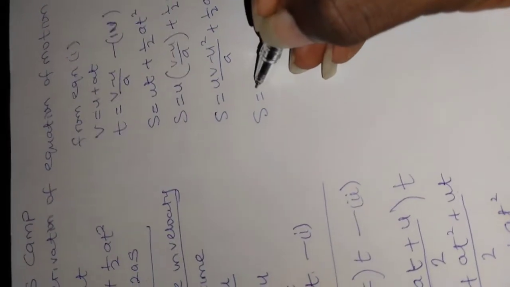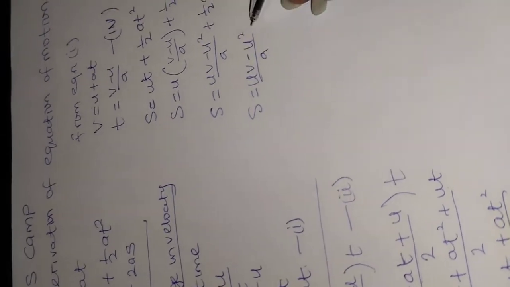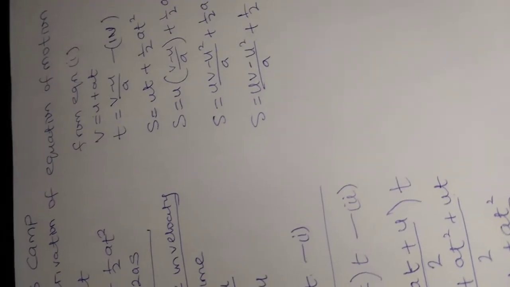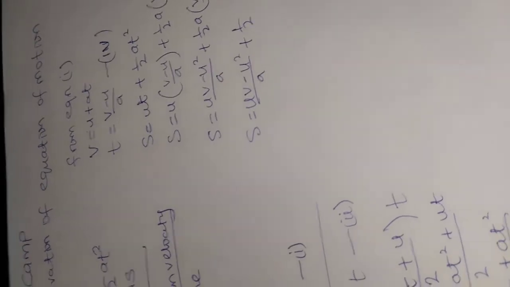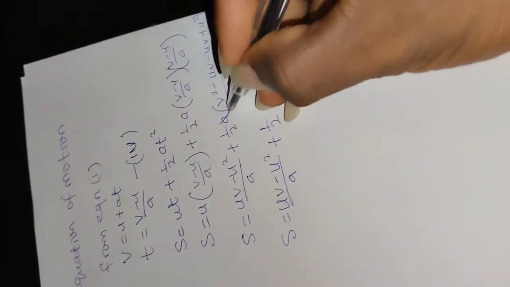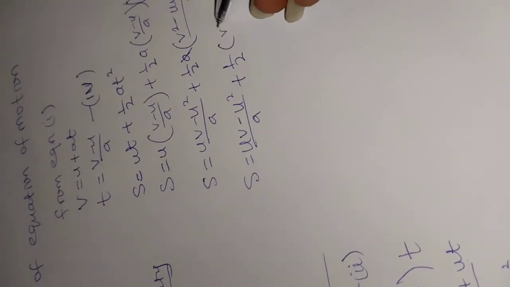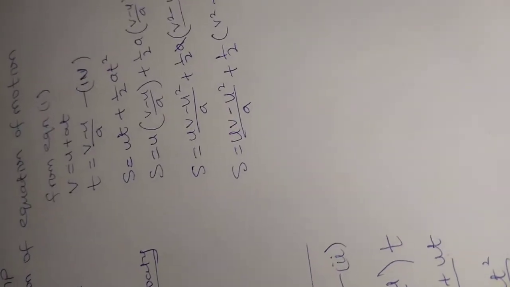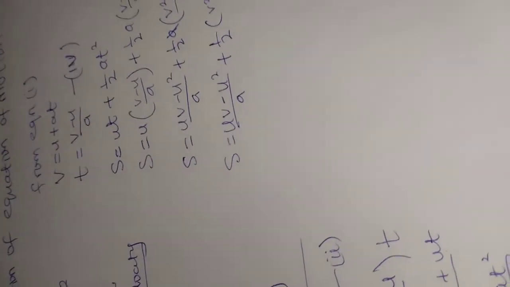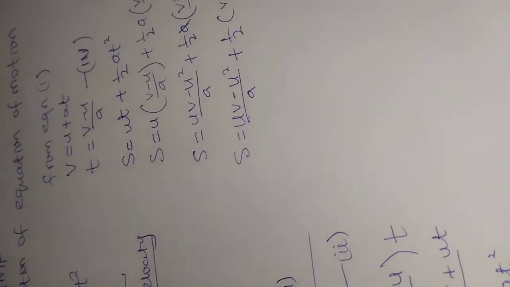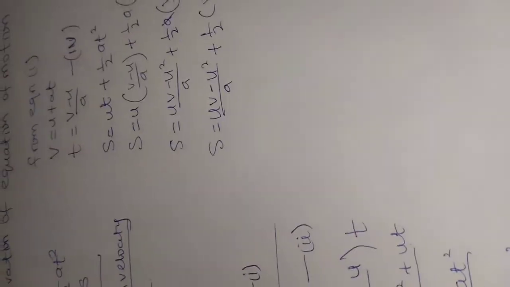So s equals uv minus u squared over a plus half, and I can cancel out this a. So half times v squared minus uv, let me just add it together, minus 2uv plus u squared over a.